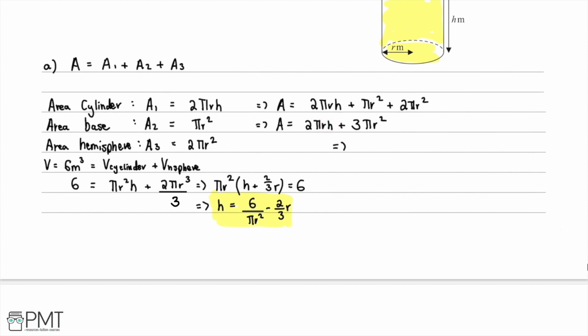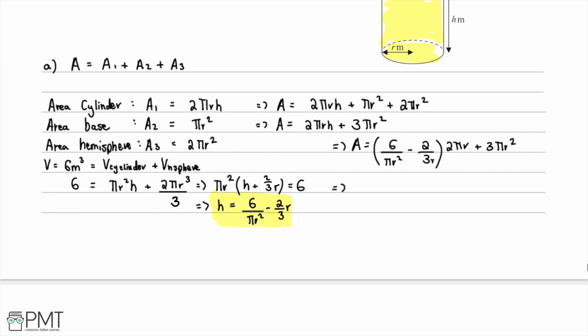So going back up here, the area is going to be equal to 6 divided by pi r squared, take away 2 over 3r, and we multiply this by 2 pi r, then we add on our 3 pi r squared.